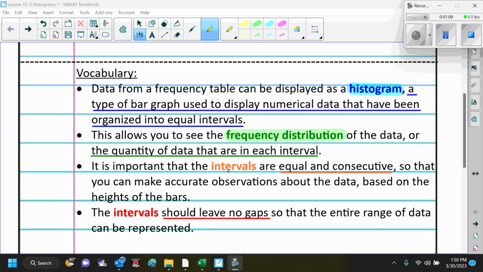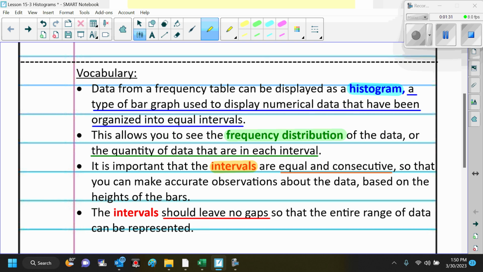It is important that the intervals are equal and consecutive so that you can make accurate observations about the data based on the height of the bars. So the intervals have to be equal. For example, they have to have 3 numbers in each interval, or 2 numbers.